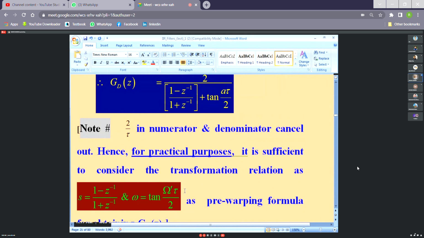So instead of giving the digital filter critical frequencies in radians per second, they can be given in radians.